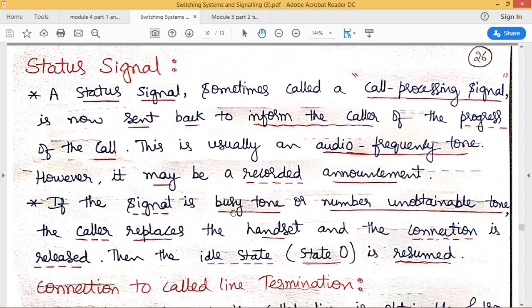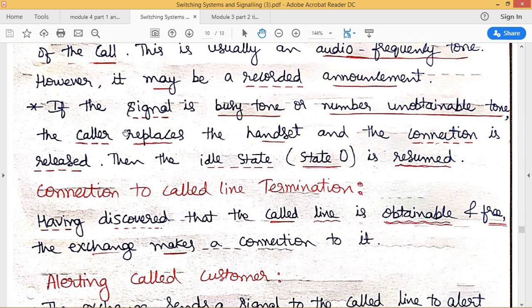If the signal is busy tone or number unobtainable tone, that means the number is unreachable, the caller places the handset back from off hook to on hook, the connection is released, and it comes back to idle state, that is, state 0 is resumed.